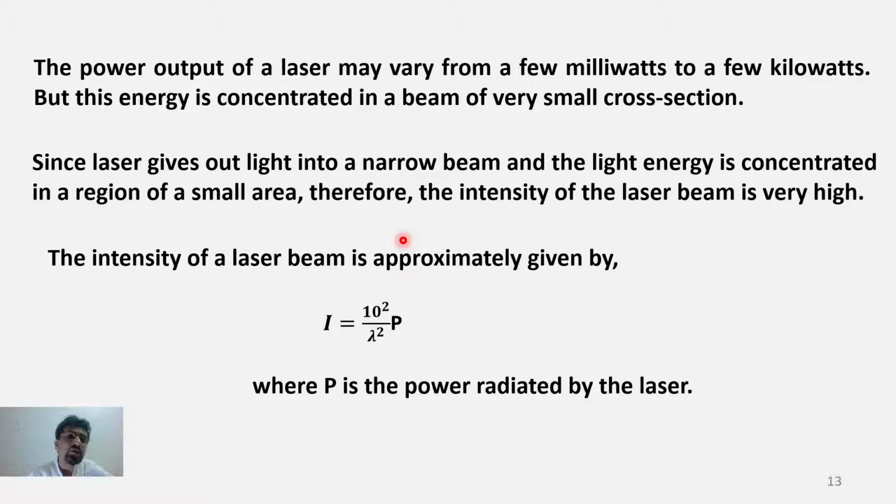Hence the laser gives out light in a narrow beam and the light energy is concentrated in a small area. Therefore, the intensity of the laser beam is very high. So remember here, due to being highly directional, it produces a highly intense laser beam.